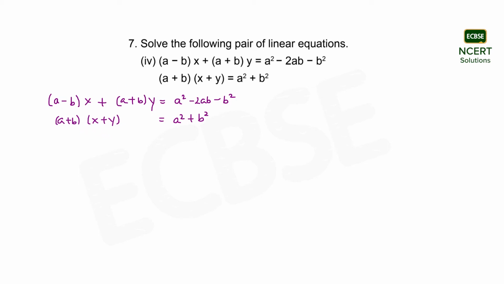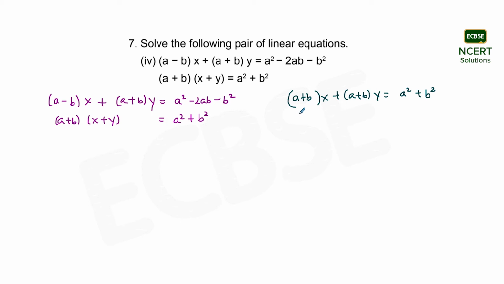So the first step I'll do here is to write the coefficients of x and y separately. So I'll be getting a plus b into x plus a plus b into y, which is equal to a square plus b square.